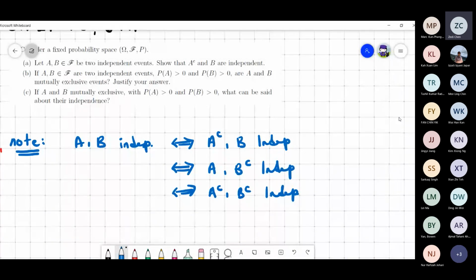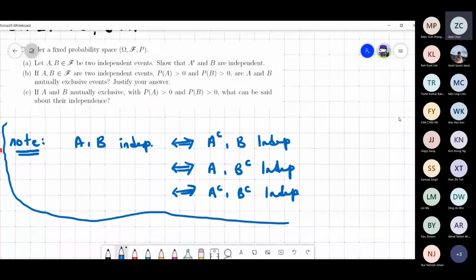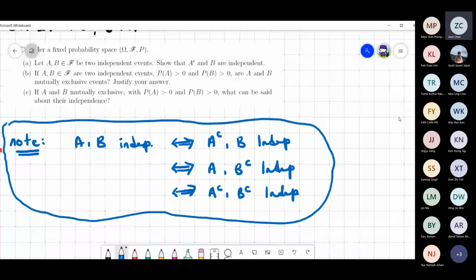Any two of them must be independent, right? So please take notes of this. Anyway, let's look at question 1A. A, B independent, and then show that A complement and B are independent.